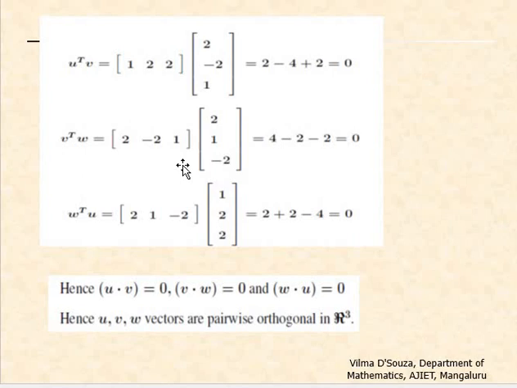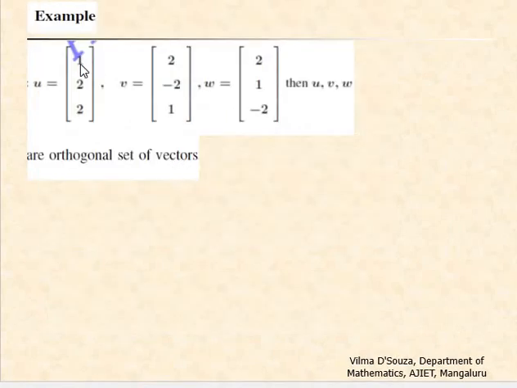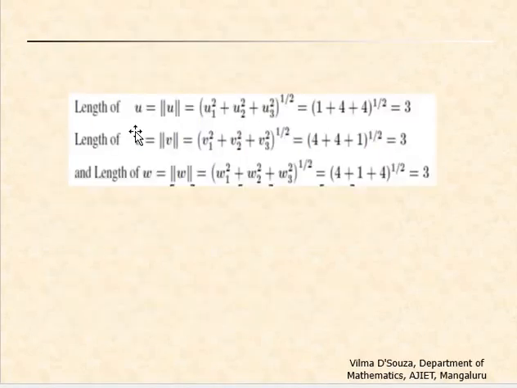How do you find the length of the vector u? Square root of u1 square plus u2 square plus u3 square. That is square root of 1 plus 2 square plus 2 square. So what is that equal to? Square root of 1 plus 4 plus 4, that is equal to 3.